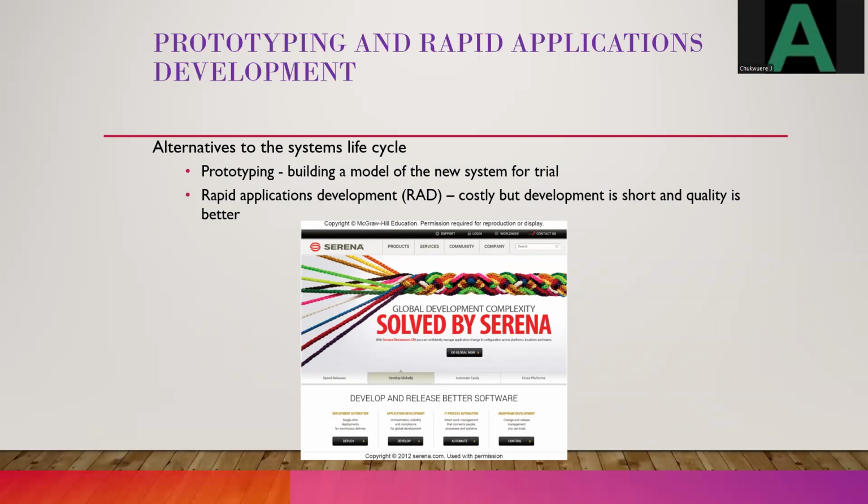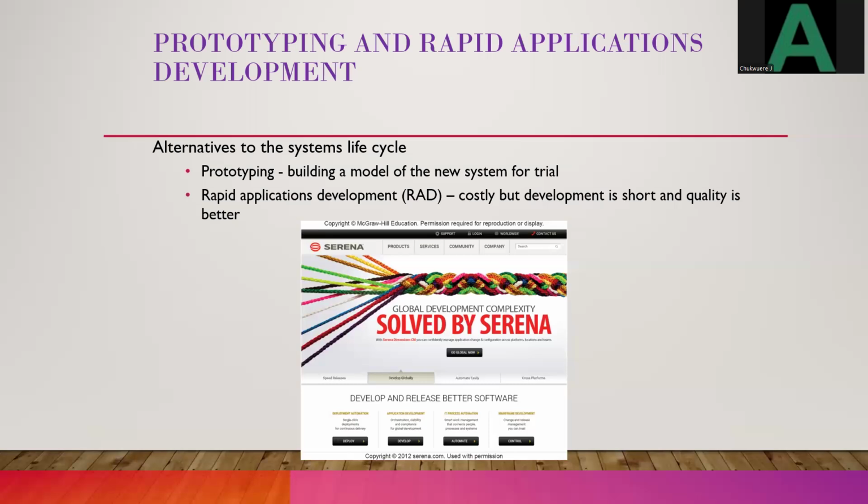Some call it a beta version. I don't know if you have heard about it, a beta version of a system. So you use it and then give feedback. And then there is also rapid application development, which is costly, but development is short and quality is better.